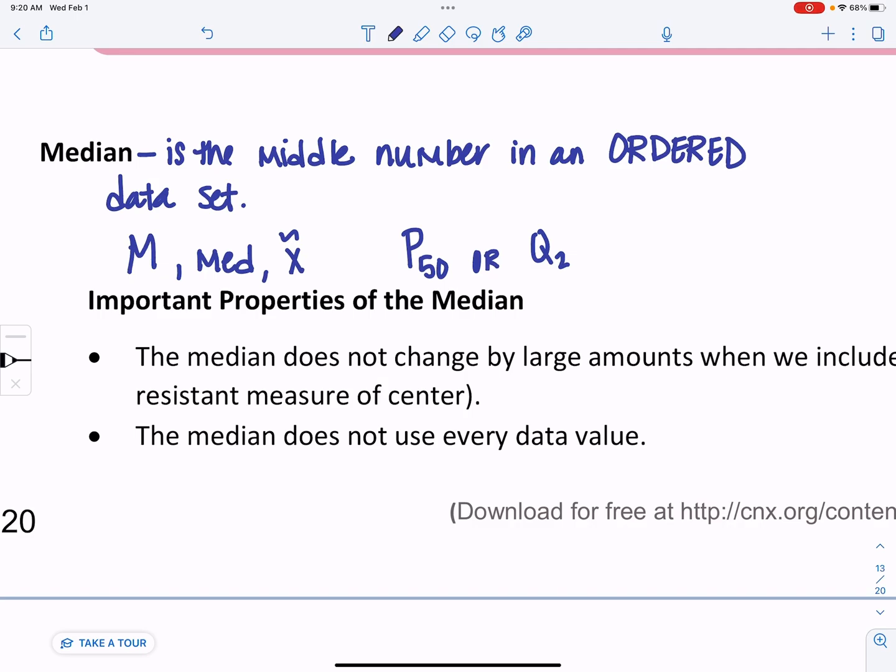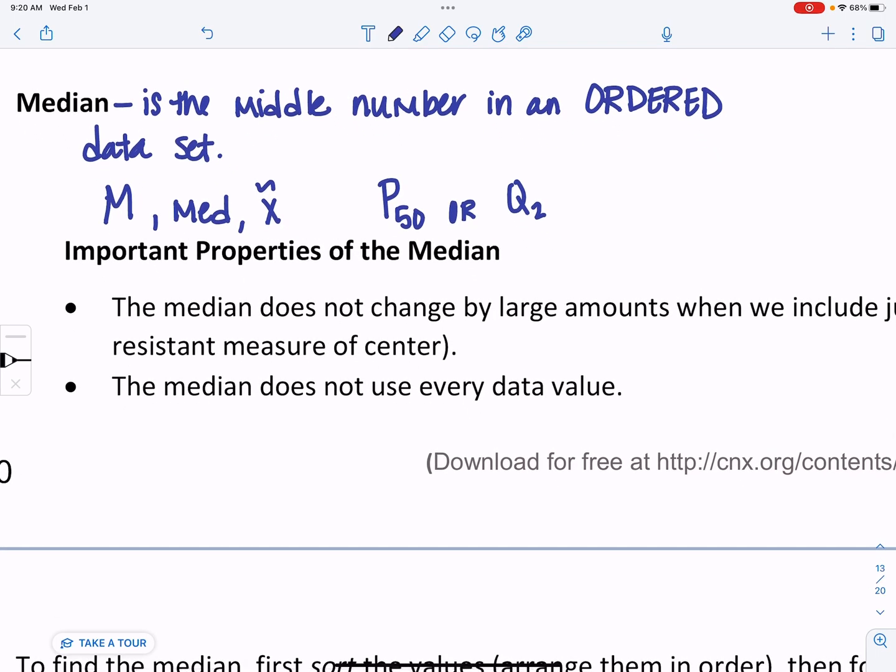The other thing that is important is that the median is resistant. Meaning it does not use the data values in the set, but more it uses the places or the order of the data.